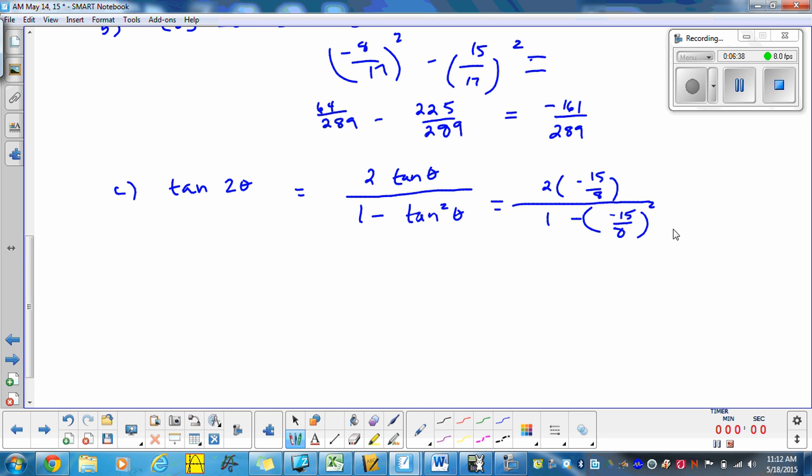So let's go ahead and work through this. 2 over 1, so this is going to be negative 38 for the numerator, and for the denominator, it's going to be 1 plus, remember I have to square this, I'm sorry, that's not going to be a plus. It's going to be 1 minus, because when you square this, it does turn out to be a positive number.